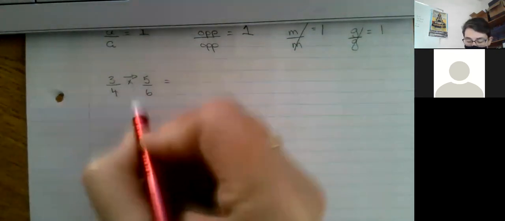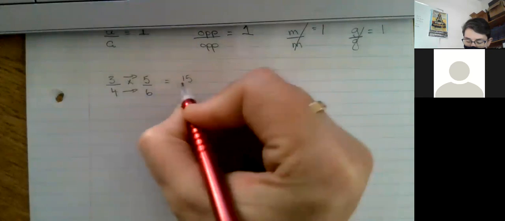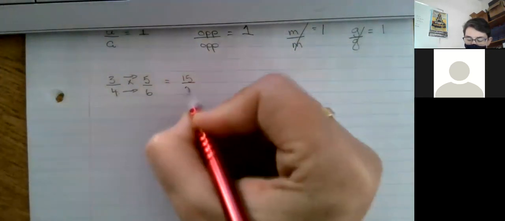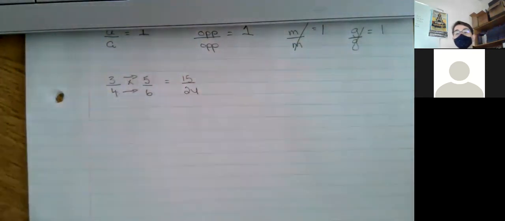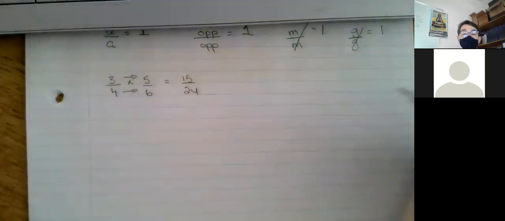Multiplication is so much easier than addition and subtraction. We don't need a common denominator. All we do is multiply across the top, multiply across the bottom. That's it. So 3 times 5 is 15, and 4 times 6 is 24. That's all we need to worry about. And then we can either reduce down or whatever the instructions are, maybe we just divide it out. It doesn't matter.